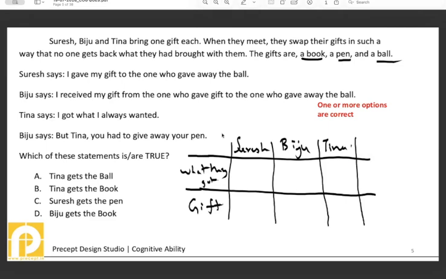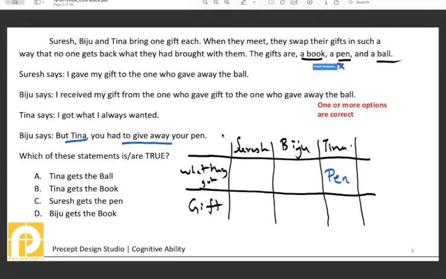Now, what we know? Suresh gave his gift to the one who gave away the ball. But we also know straight away that Tina had to give away the pen. So when she came to the party, she had the pen for somebody else. She didn't receive the pen, but she had to give away her pen to somebody else. So the pen is gone.